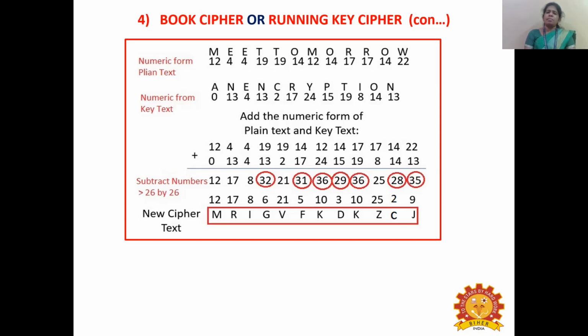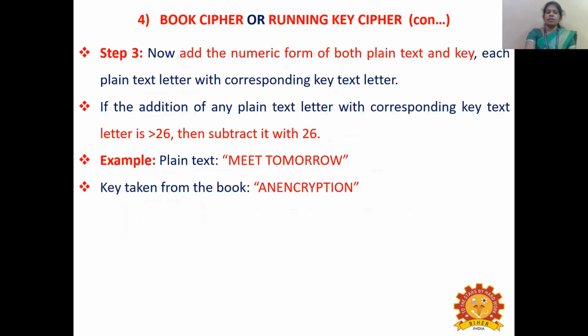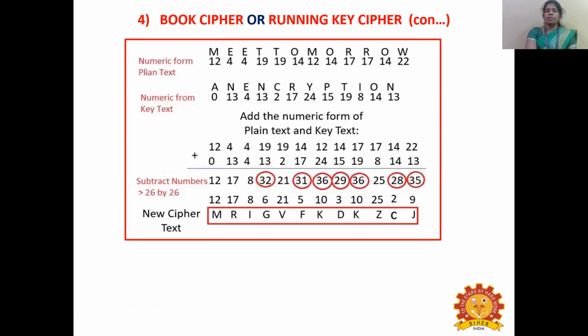So what are the basic steps here in the book cipher? First, we take the plain text and key. The key and plain text will be of equal count, so based on the plain text only, we take the key. Then we write both in numeric form, so for each and every letter you write the number.